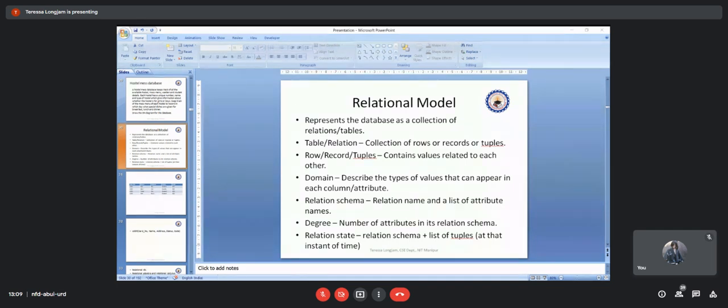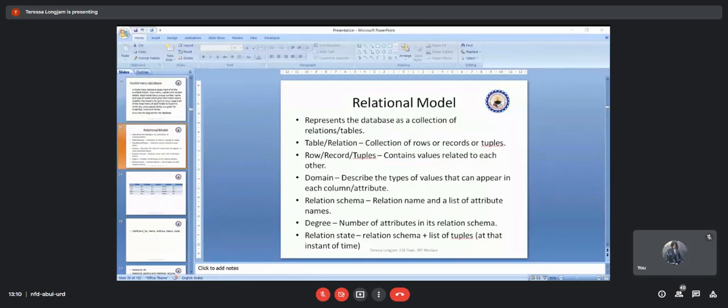Every model that we have seen in the previous classes is used to represent the database in a conceptual way, in a theoretical way. While designing a database, we do not need to know how physically the database is stored in our memory. So this is just a conceptual thing.